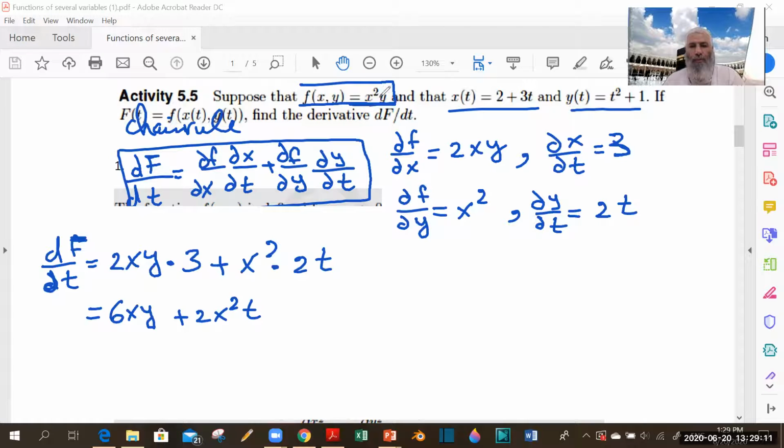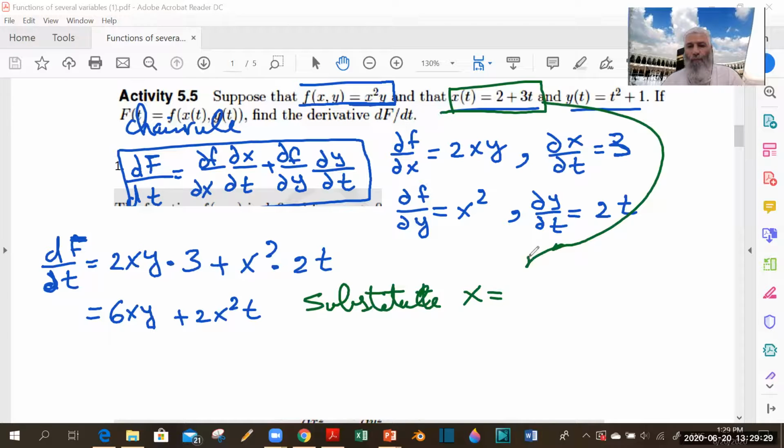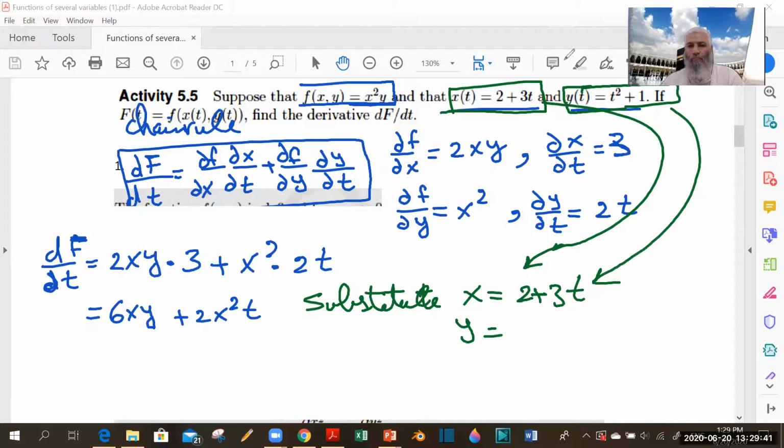Now we will substitute. How? x equals 2 plus 3t, and y equals t squared plus 1.